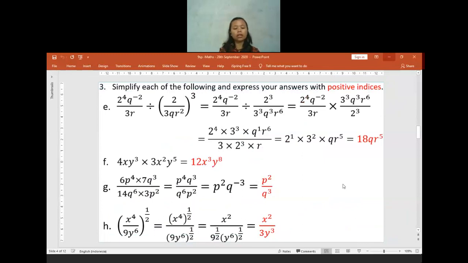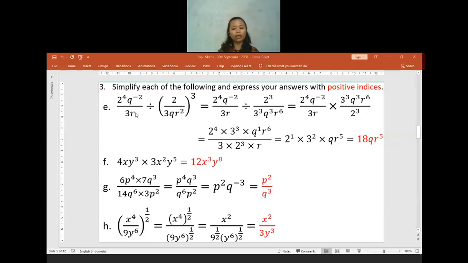For question E, we have a calculation in here. As I told you before, we have to simplify the calculation inside the bracket first. For the first term, 4q to the power of negative 2 per 3r, it will stay still. I do nothing on it because there is nothing I can simplify, so it remains the same.